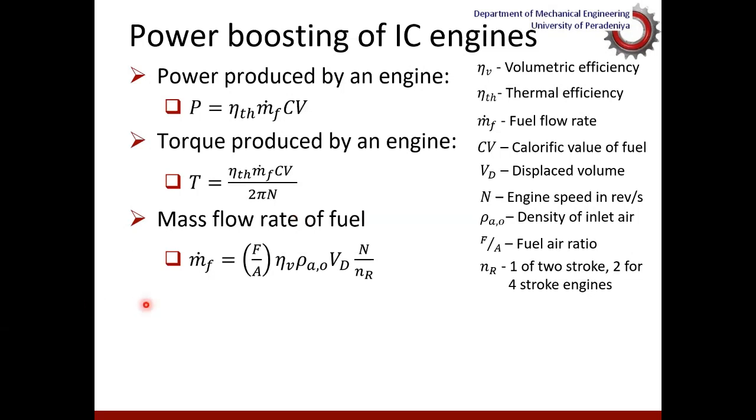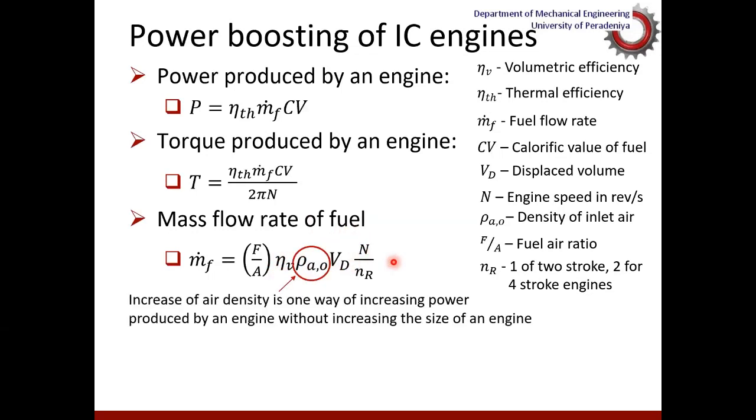Accordingly, mass flow rate depends on the air-fuel ratio, the density of incoming air, and the volumetric efficiency, of course, and the displaced volumes, engine speed, and so forth. Now, one way of increasing the power, you can understand.